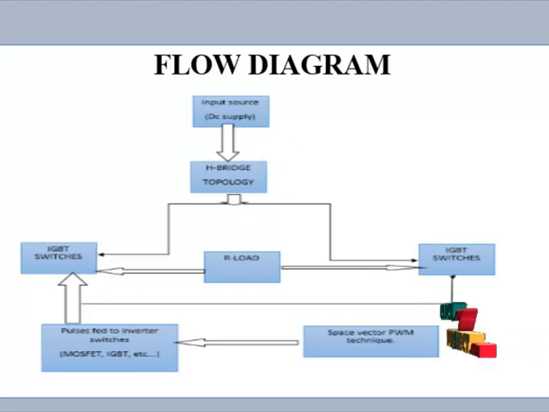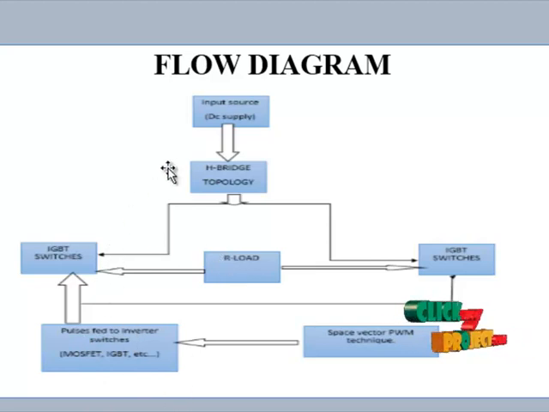for the switching purpose. Here we have 2 base legs, each base leg having 6 switches. One base leg is connected from the input source, another base leg is connected across the load, and this load is connected in between the 2 base legs. Each IGBT switch is pulsed from the pulse generation circuit.